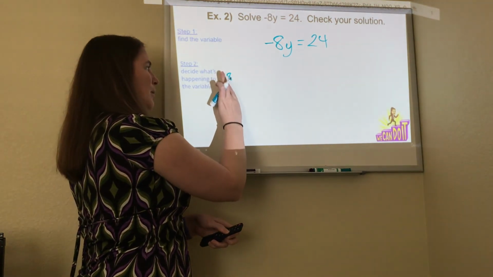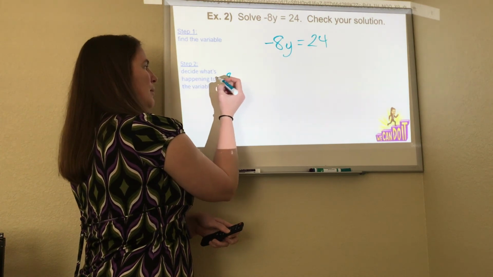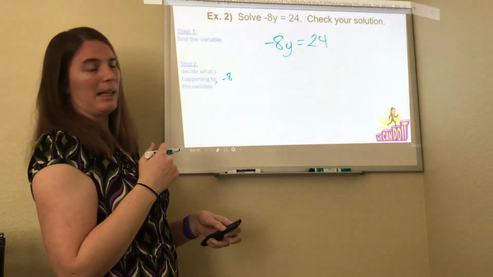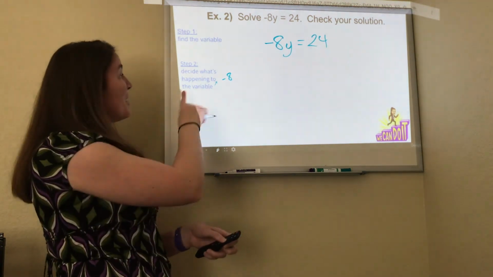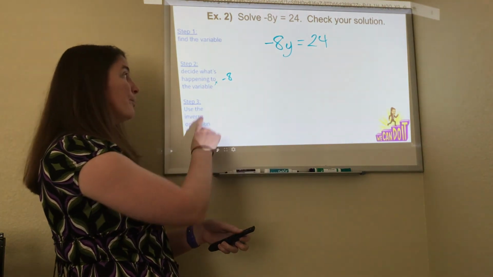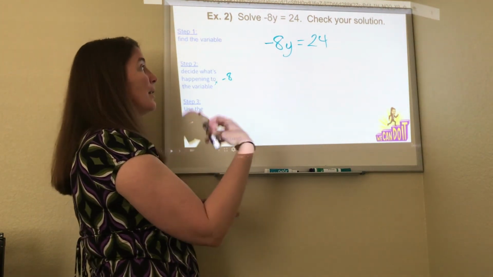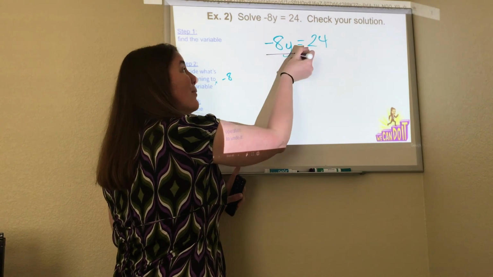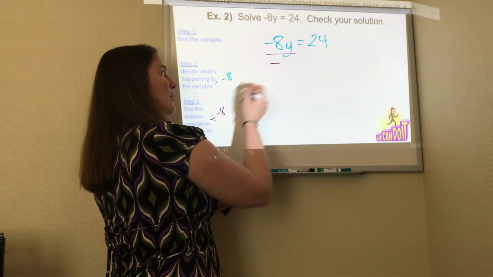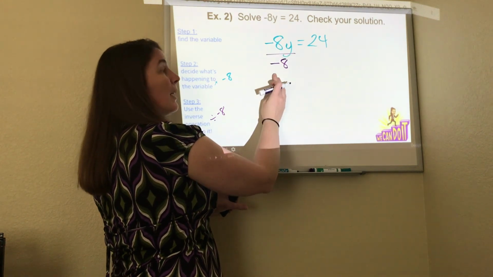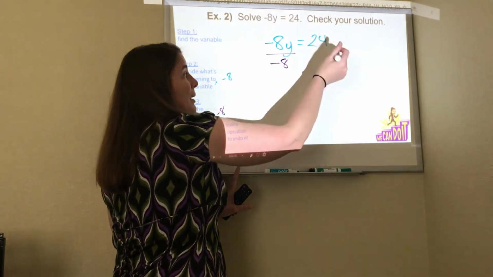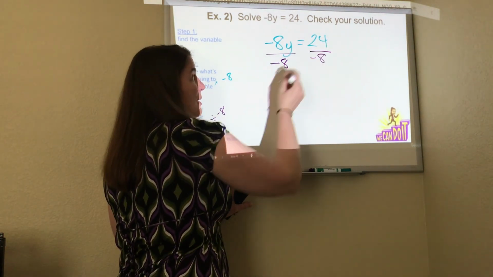All right. So I need to now undo it. So instead of multiplying by negative 8, I need to use the inverse. So I'm going to divide by negative 8. So I'm dividing by negative 8 on this side because I want a positive 1. Okay? So that means I divide by negative 8 on this side.